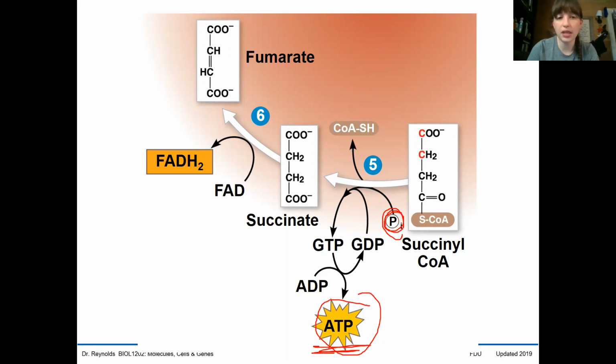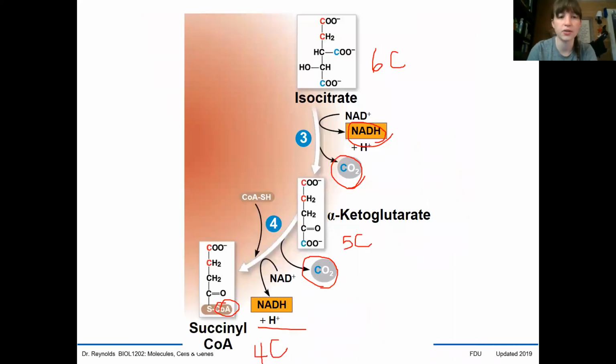Now, ATP's production is going to leave us with a still 4-carbon molecule, but that 4-carbon molecule is going to actually result in a reduction of FADH2, and then this little central double bond.